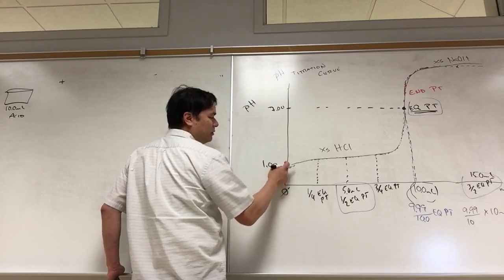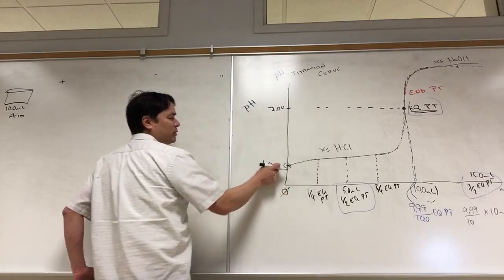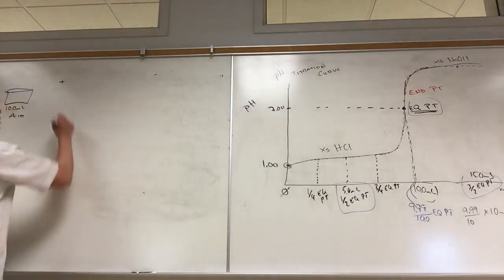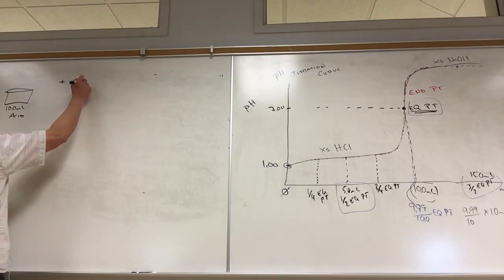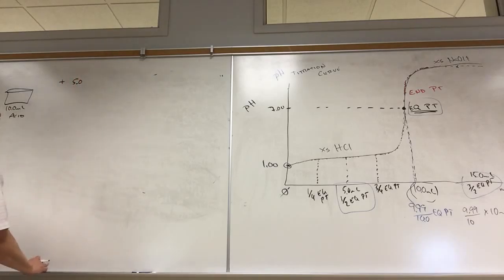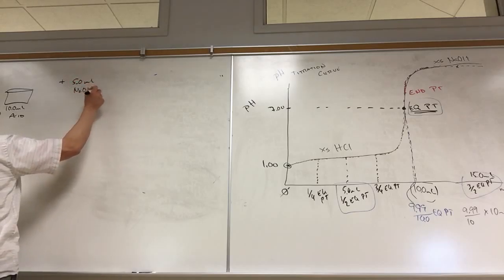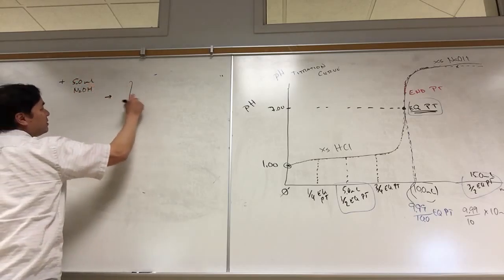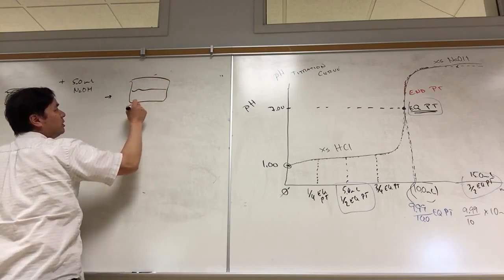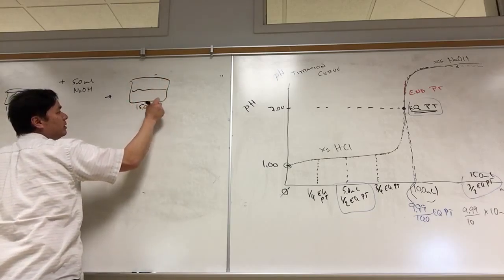At the 0 equivalence point, that is, none of it's been neutralized, I know what the pH is, I can calculate it in my head. And so plus 5.0 milliliters of sodium hydroxide, or base. And so this is going to give me a total volume of solution of 15.0 milliliters.